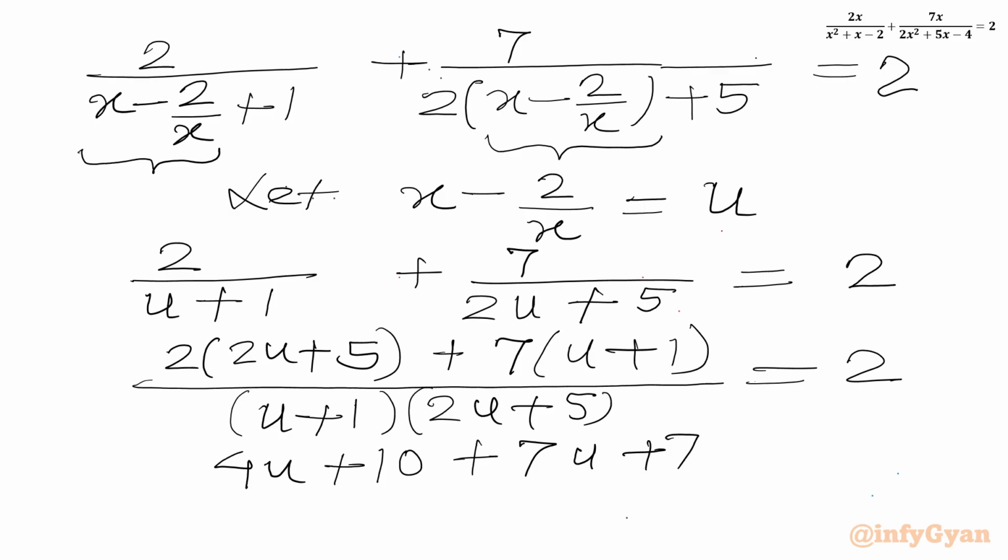And then I will cross multiply. I can write here 2 times u plus 1 times 2u plus 5. So LHS will give us 11u plus 17. So I can write 11u plus 17 equal to 2 times the product of both brackets.